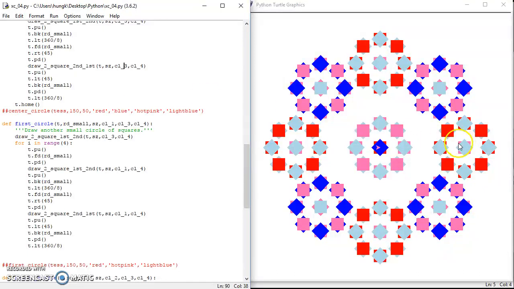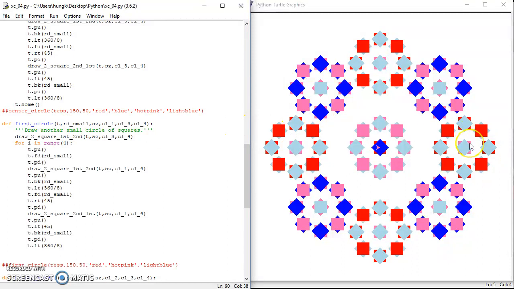So for this one right here, besides the 1 and 2, the color 1, color 2, they will change to color 3 and color 4, hot pink and then light blue, and then this one the red to the light blue.